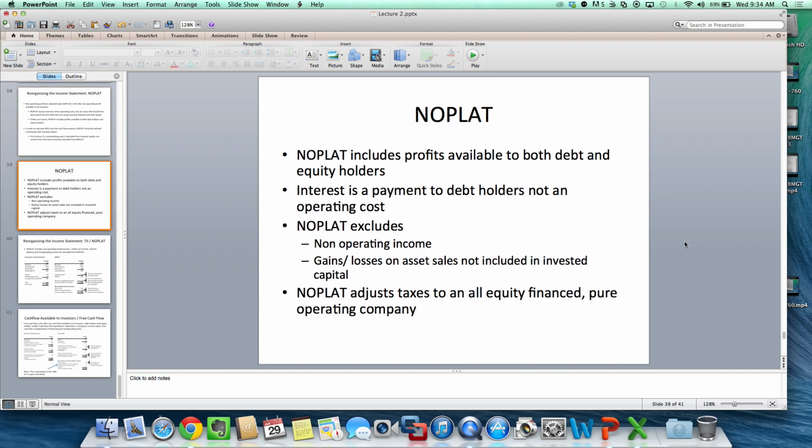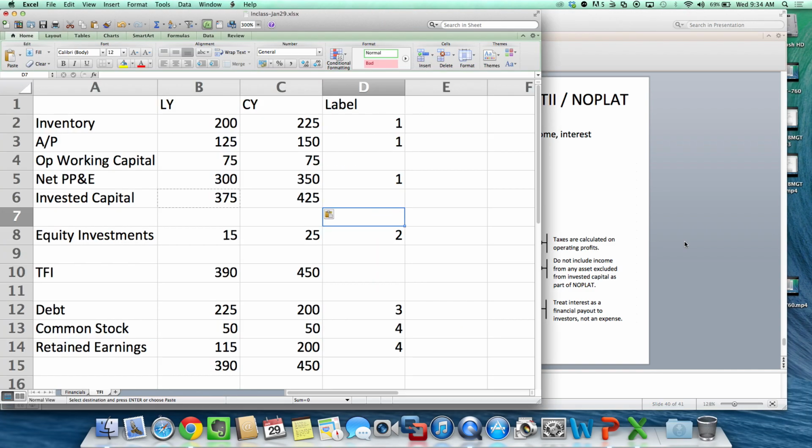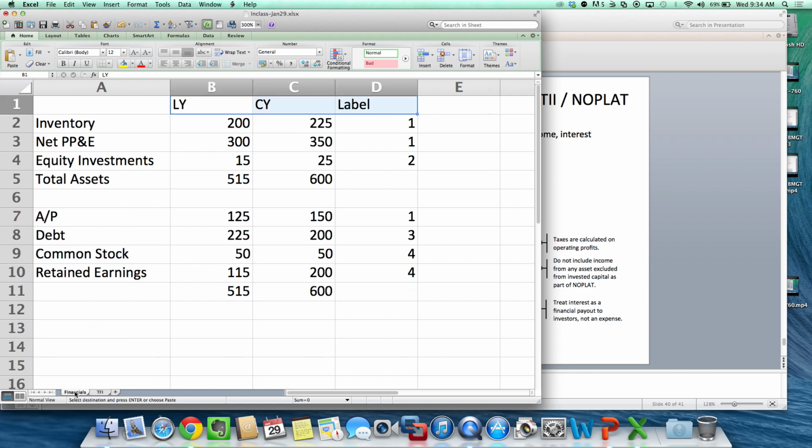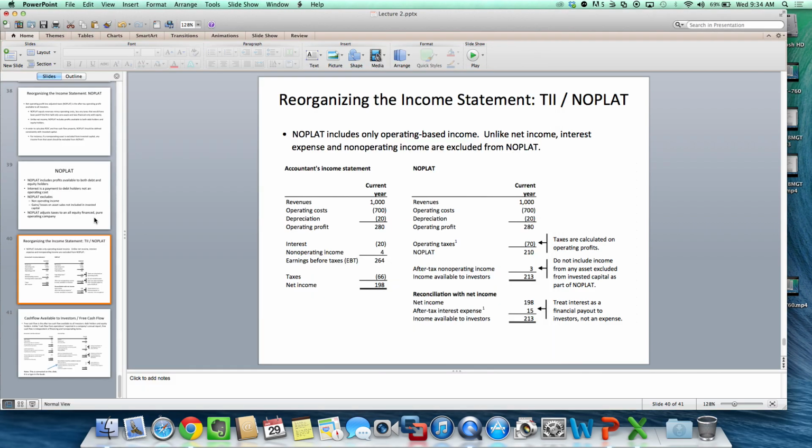All right, rearranging the income statement into TII. So here's what we're going to do. We're going to go back to the financials, and I'm going to write out the income statement categories.